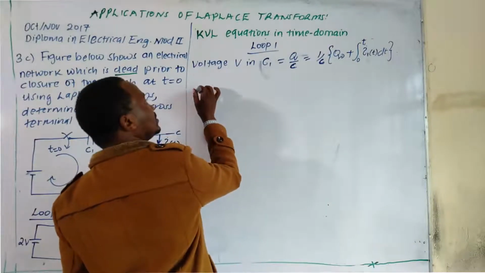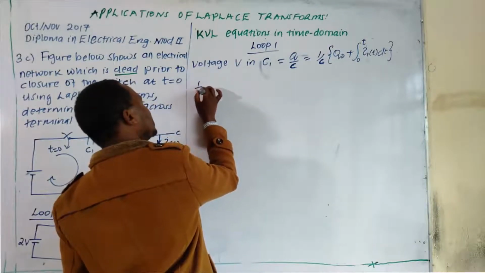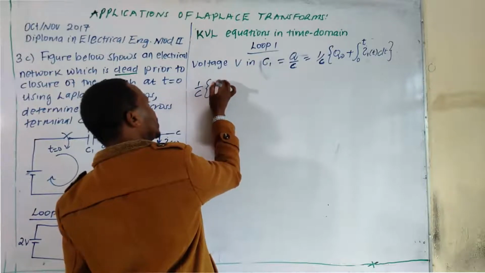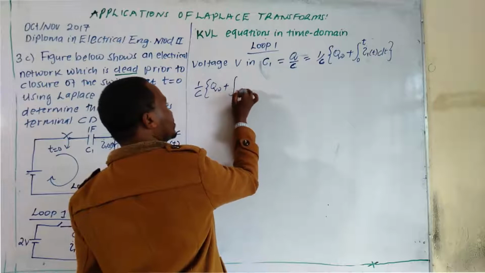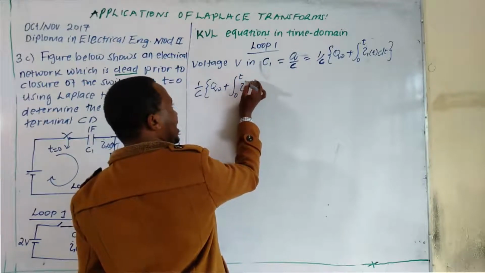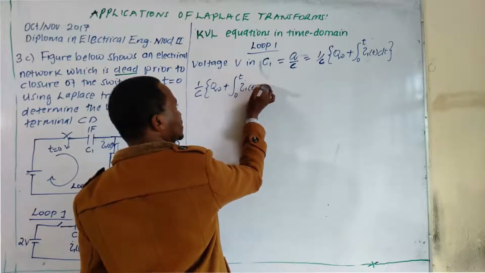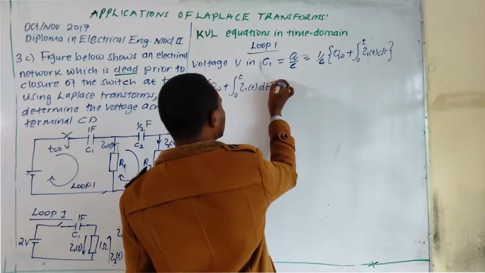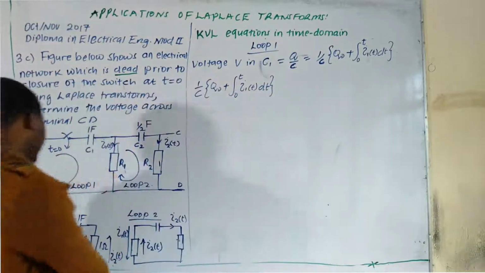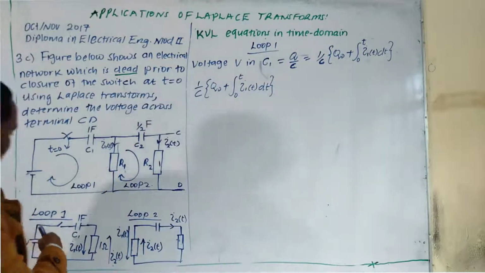We have 1 over C, Q naught plus integrate from 0 to t, I1 of t with respect to t. That is the equation for the voltage across the capacitor.